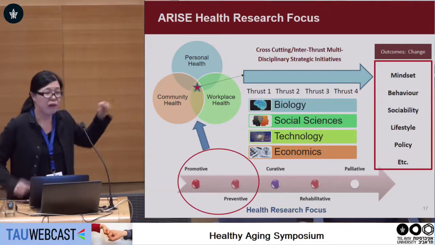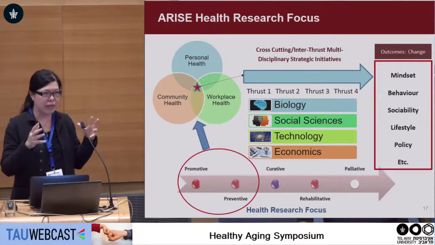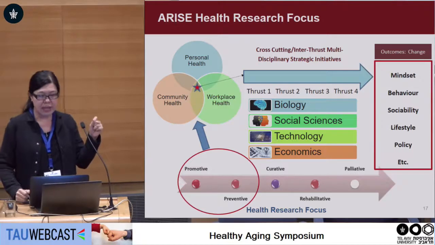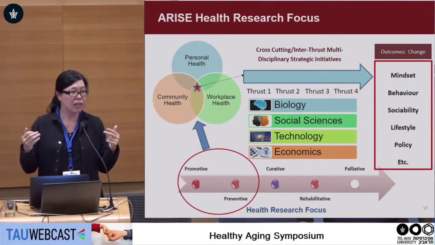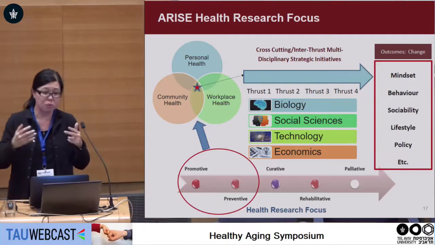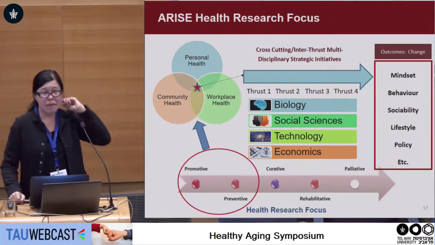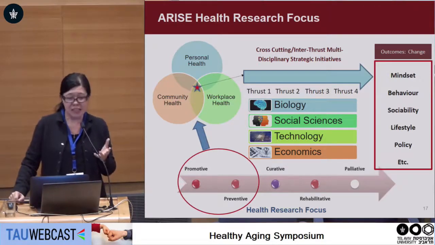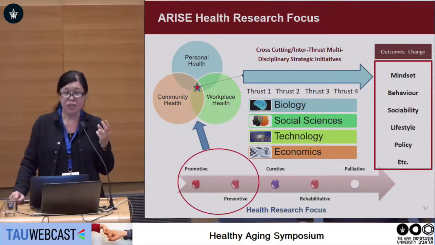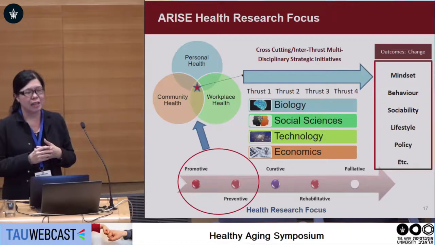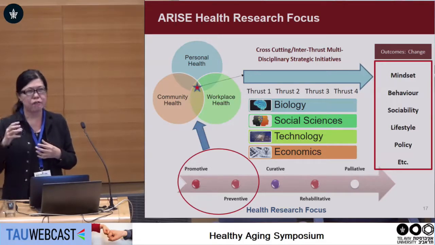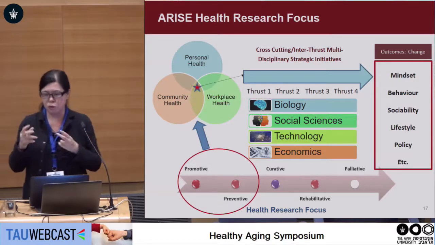So how would ARISE help to coordinate? We would look at a certain problem and try to get our colleagues from different disciplines to work together. Outcome measures: what is it that we want to see? Is it a mindset change? Like yesterday I spoke about healthcare, a lot of aspects of healthcare are about the social aspects.